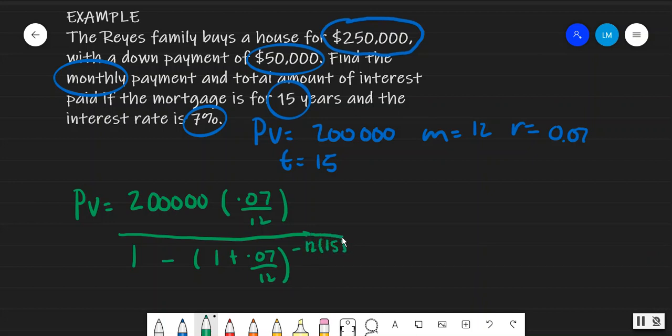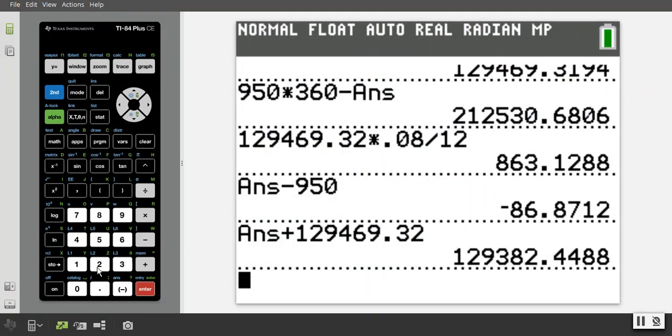If you already know what 12 times 15 is, then you can just enter that in. So let me do 200,000 multiplied by 0.07 divided by 12.